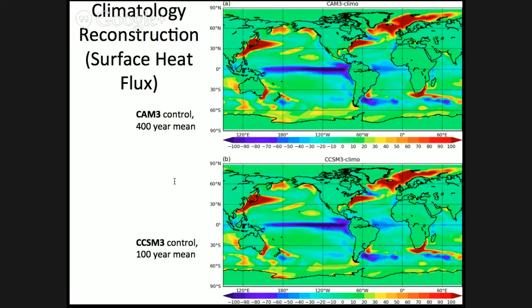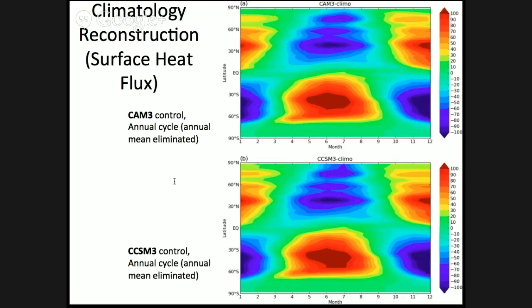And the RMS is computed to be 4 watts per meter squared, and the global mean standard deviation is 30. So it's around 8 times difference. Then the assimilation of the annual cycle of the surface heat flux.